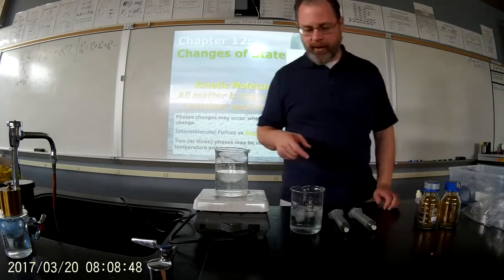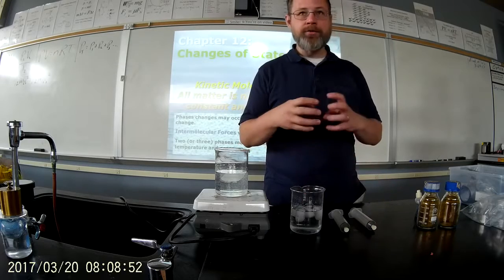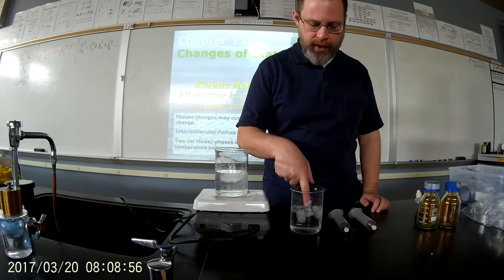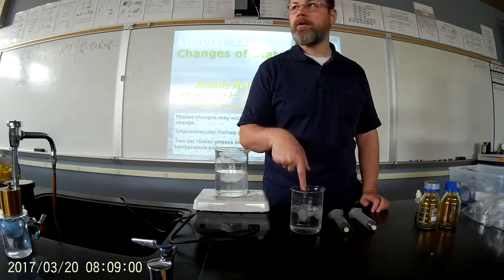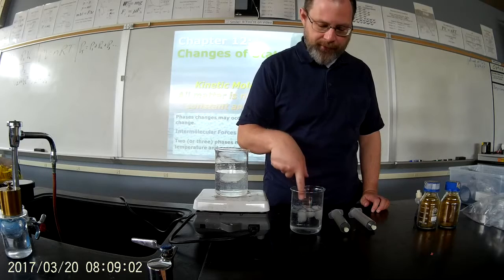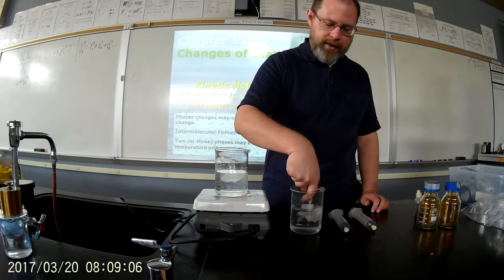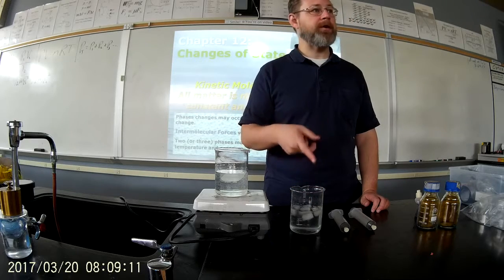For instance, I put some ice cubes in this water, and the ice cubes were distinct cubes, well, more or less cubes. And you might notice, and you've seen this before, the ice cubes have frozen themselves together. These 3 froze themselves together, and these 2 froze themselves together. So they melted in the water, and then they refroze together.